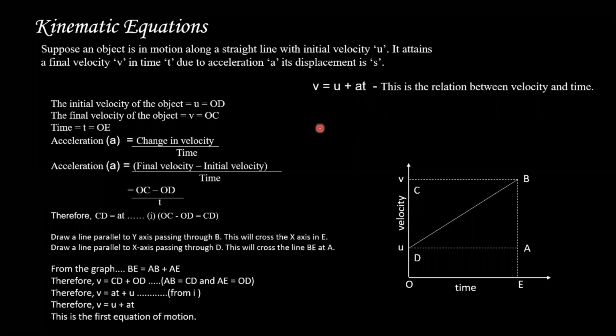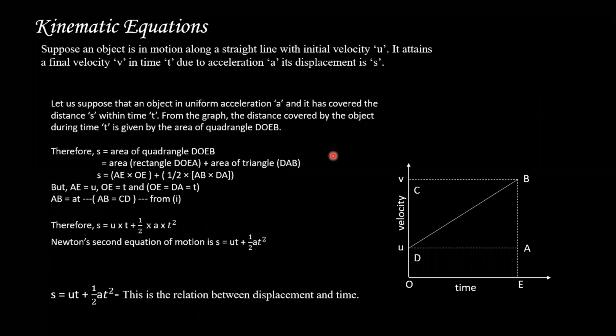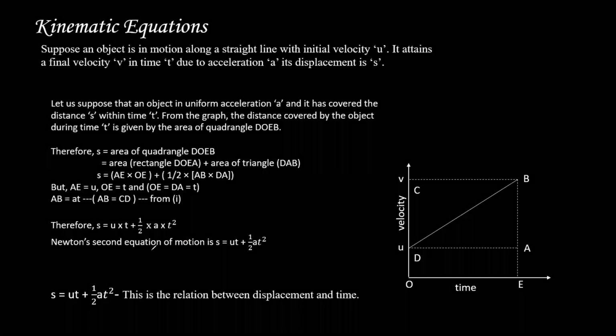Now we go to the second equation. This equation is a relationship between displacement and time. So earlier it was velocity and time, okay? Now displacement. Here we have taken displacement as s.